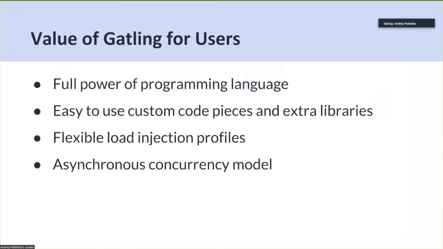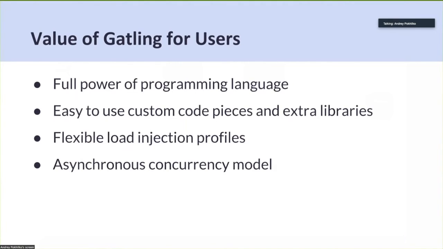First, people want to have the full power of a programming language. Especially if you are a JMeter user, you know how much pain it might be to understand the flow and the program of JMeter because of that visualized UI and the component tree. And it's not very pleasant to incorporate pieces of freeform code into JMeter scripts.